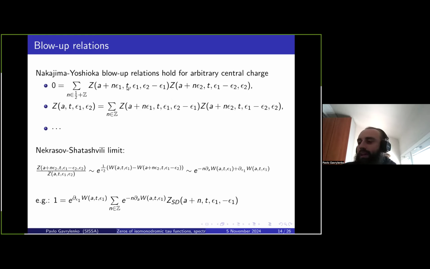But those equations are not used here. We'll use only Nakajima-Ishioka relations.